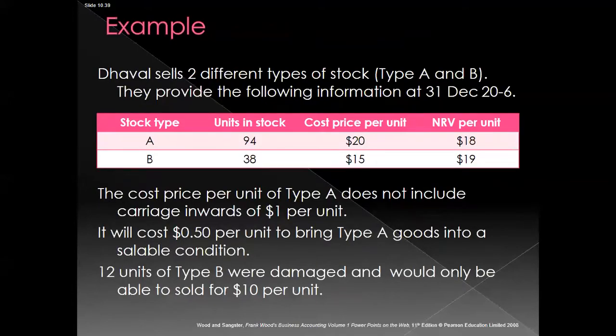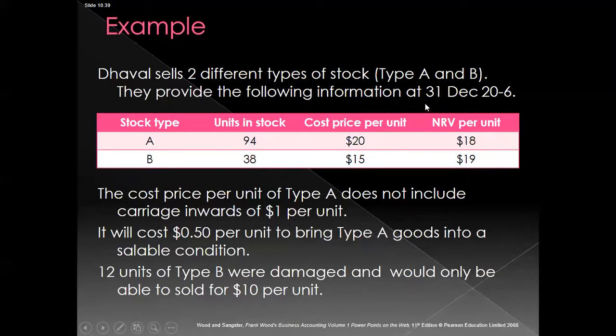For example, Dover sells two different types of stock, type A and B. They provide the following information at 31st December 20-6. So we have two types of stock here. Units in stock for A is 94, cost price per unit $20, net realizable value per unit $18.